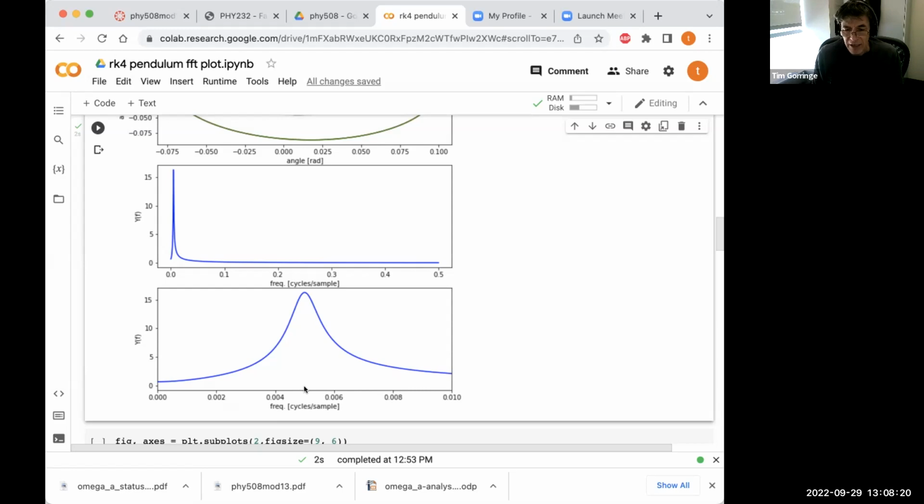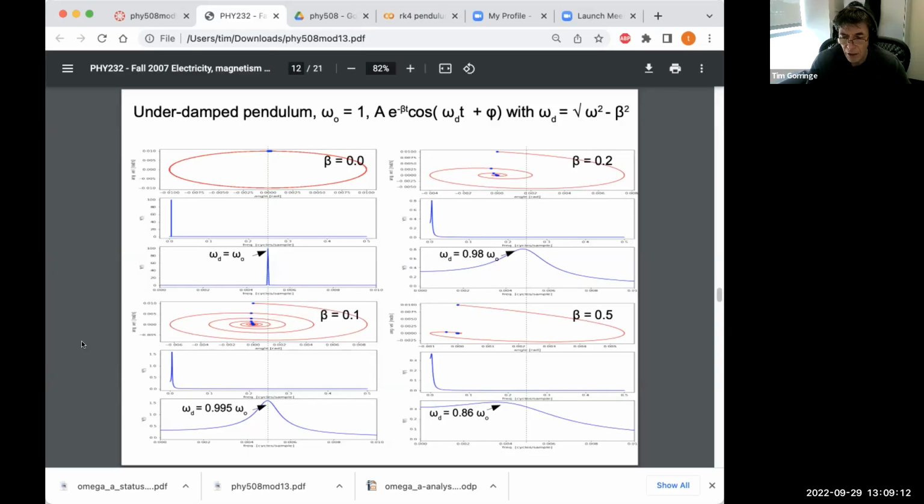And that's how I define the discrete time array. It has 20,000 samples for 100 periods. So there's 200 samples per period, and 200 samples per period corresponds to this frequency of 0.005 cycles per sample.